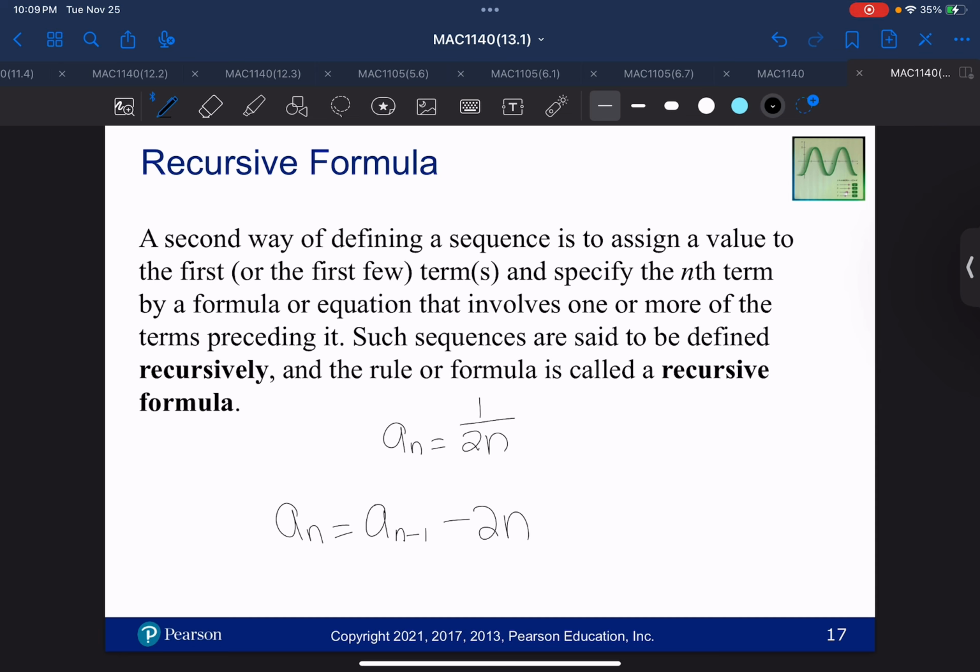So this is an example of a recursive formula. So the nth term would be equal to the n-1 term, so the previous term, minus 2 times n. So we could use the previous term and plug it in and find the next term. That is a recursive formula.